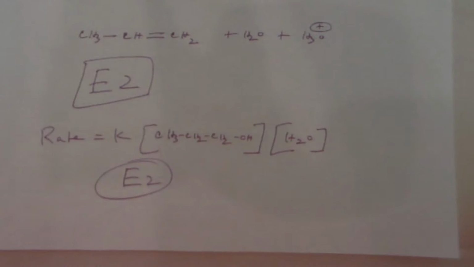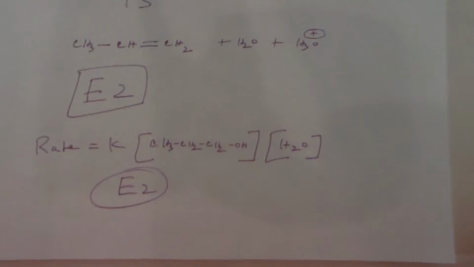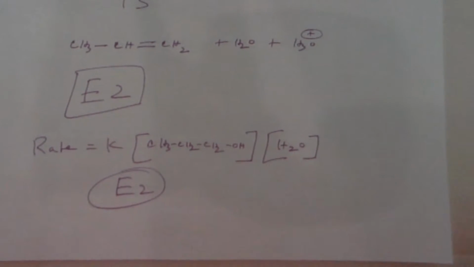All right. Now there are other examples of E2 mechanism, E1 mechanism as well. And one of the common ones, more common than the alcohol reaction, is dehydrohalogenation. Which of course means you take out a hydrogen and a halogen from a halide.